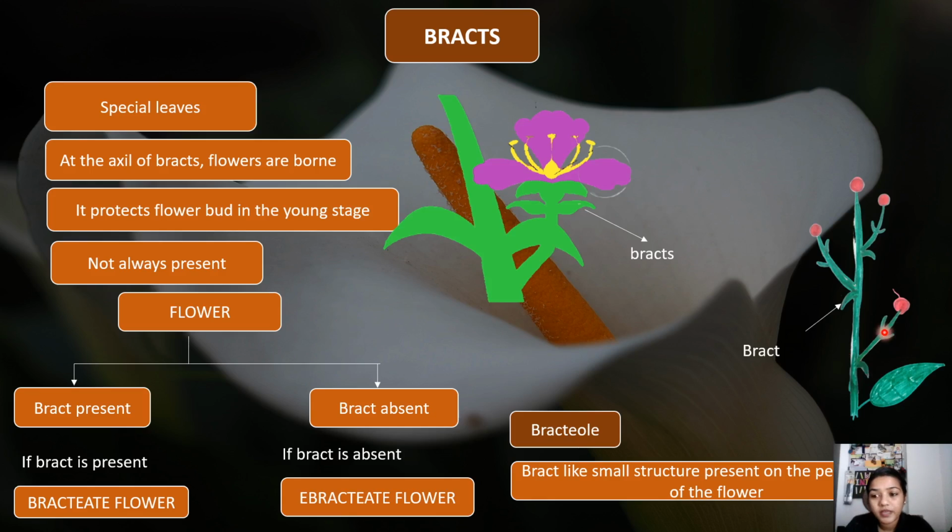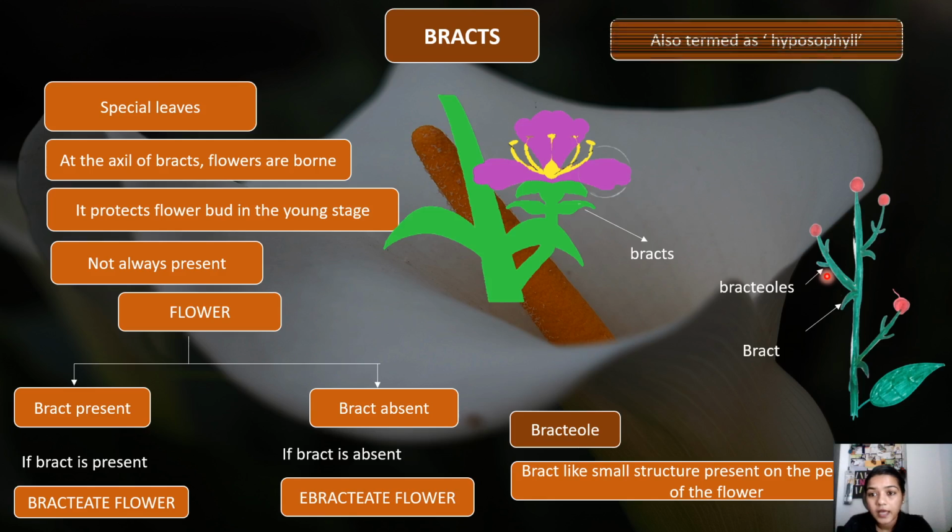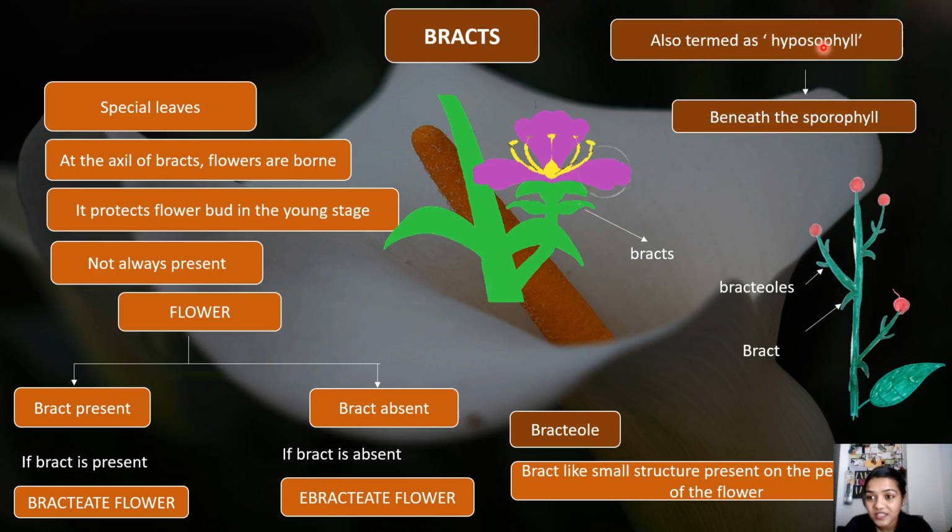Now there could be 2 to 4 or many bracteoles present on a flower stalk, right? So these are bracts and these are the bracteoles. Now bracts are also termed as hyposophylls, right? Why are these called hyposophyll? Because these are present beneath the sporophyll. Hypo means down, right? So beneath the sporophylls.